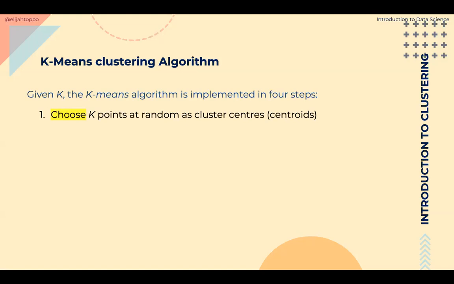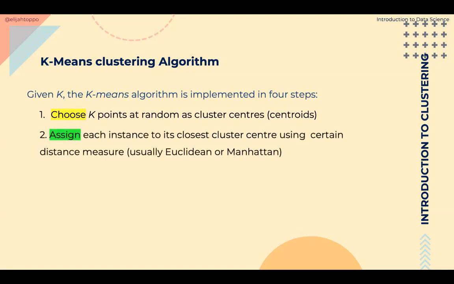If we have to divide this into maybe 4 clusters, we randomly choose 4 different points of the data as cluster centers. Now, for those 4 points, we will measure all the other data points which are closest, and if they are closest to any of the 4, we assign it to one of those clusters. So assign each instance to its closest cluster center using certain distance measurements.